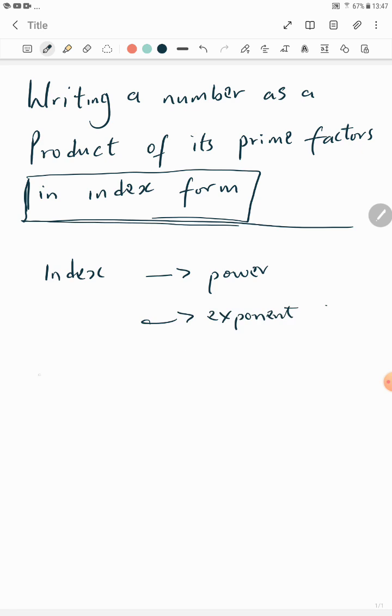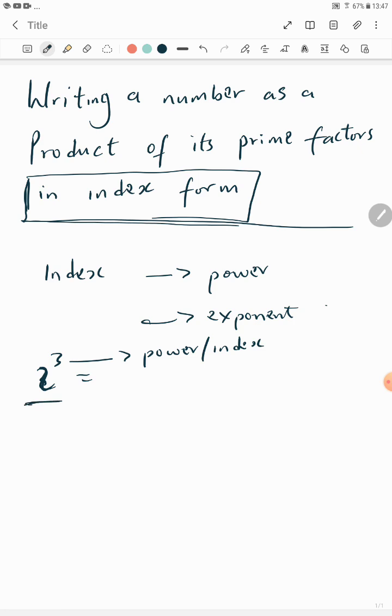Take for instance, if I write 2 raised to power 3, you can see I even mentioned power. 2 raised to 3 means that this 3 is the power, or the index, of this 2.